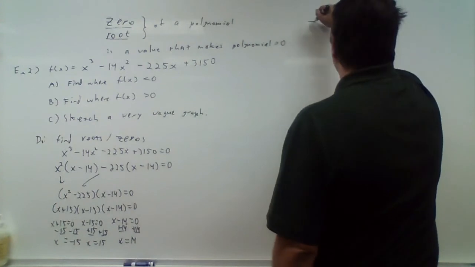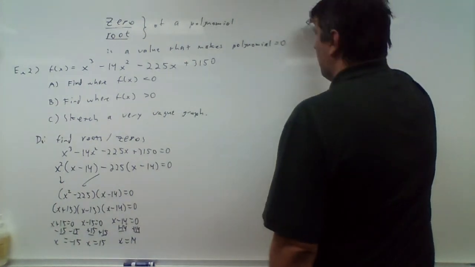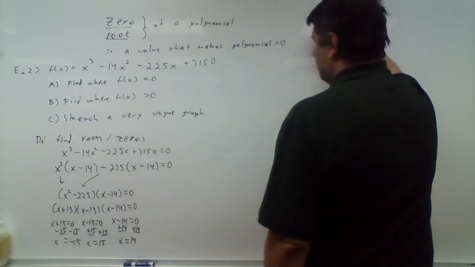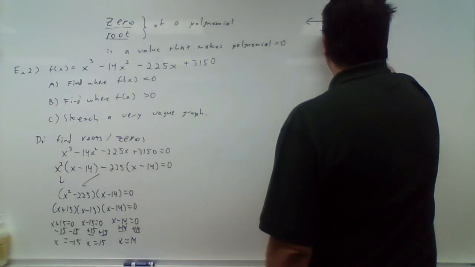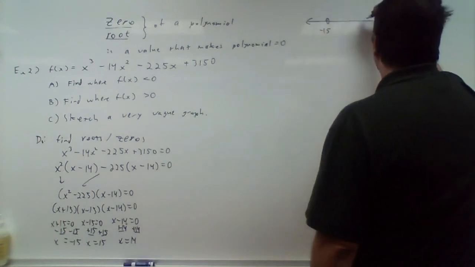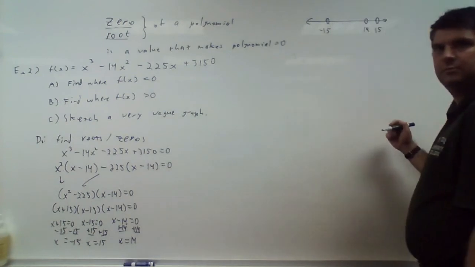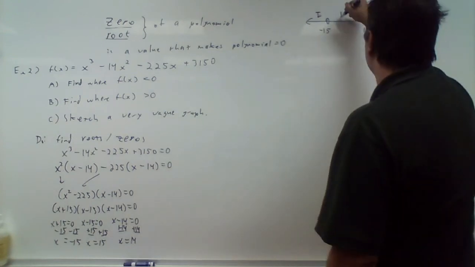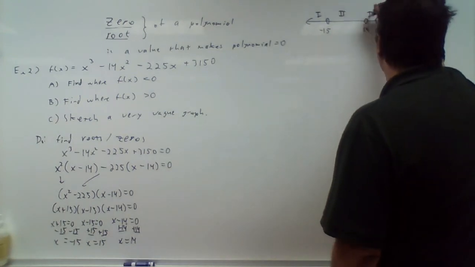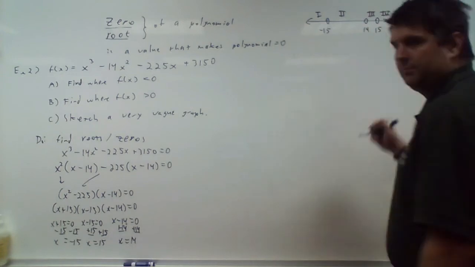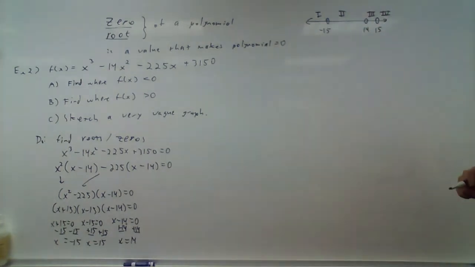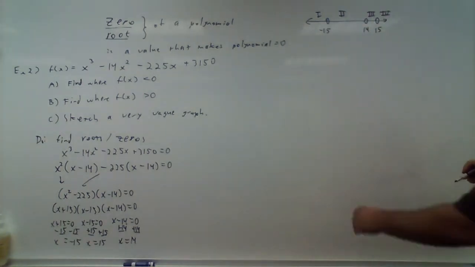I'm going to put them on a number line. Negative 15, 14, and 15. Region 1, Region 2, Region 3, and Region 4. Okay, well, here goes.